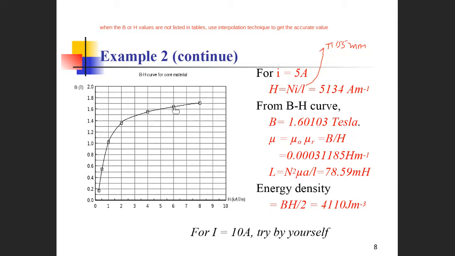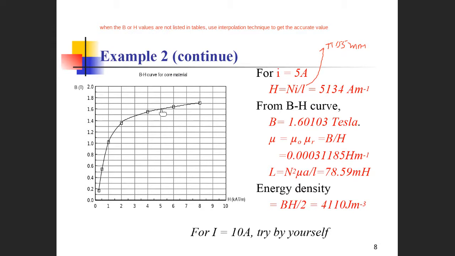So these two values are exactly given, but your calculation is 5,134. It is between these two. So between these two, how to get the B value? For 4,000 it is given in the table, for 6,000 it is given in the table. To find the B value corresponding to this one, you can use the interpolation technique.